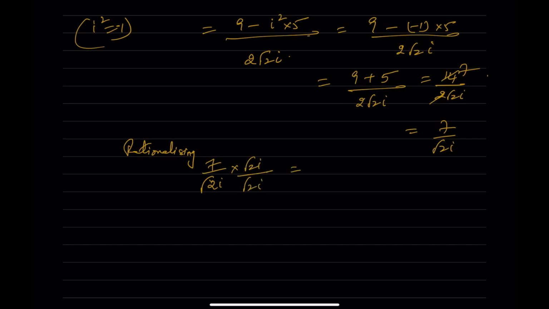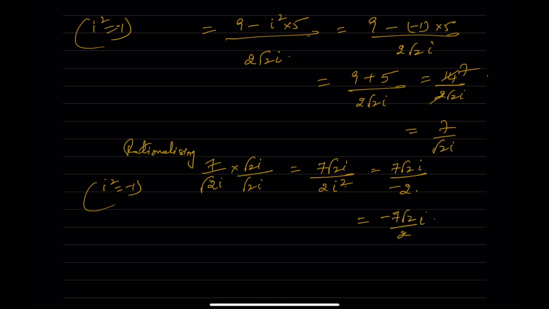So which is equal to 7 root 2i divided by 2i square, I am sorry. So therefore this is equal to 7 root 2i divided by minus 2, because i square is equal to minus 1. So therefore the answer is minus 7 root 2 by 2 i.